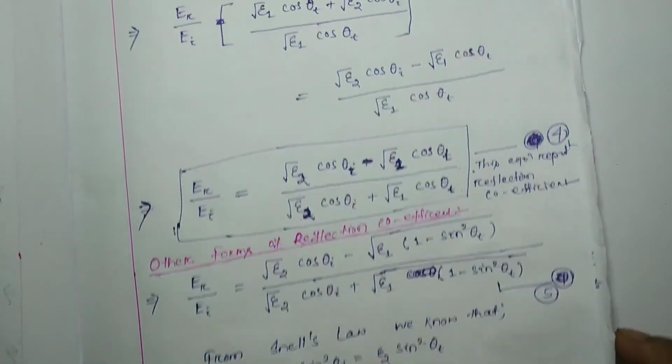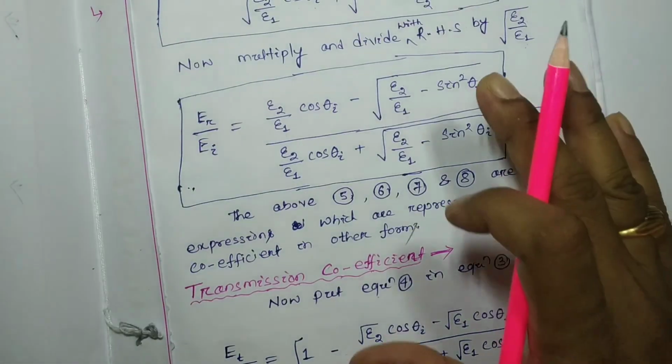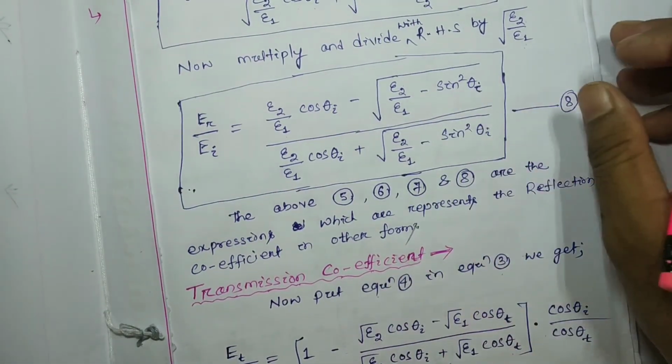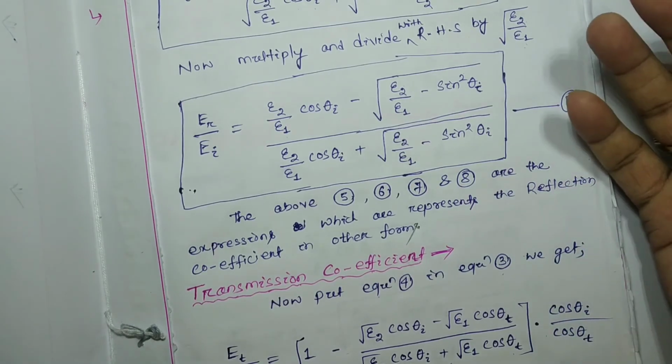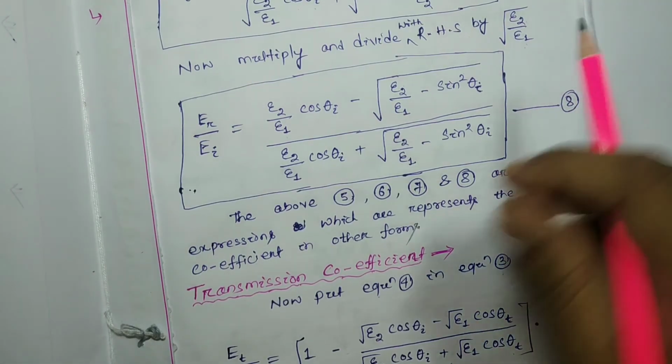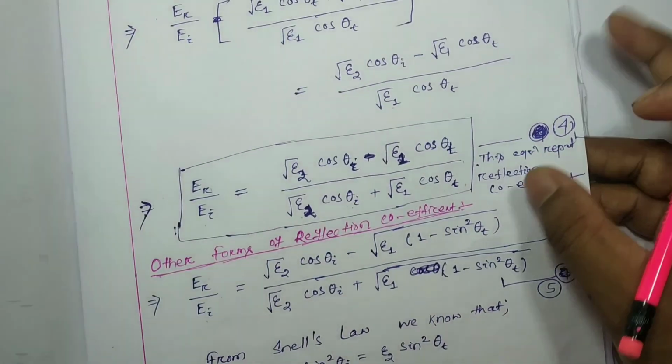And the other forms, 5, 6, 7, 8, you keep in your note, but there is no need to write them in the exam. You can write them in your exam, but up to this much is enough for a 6 to 8 mark question.